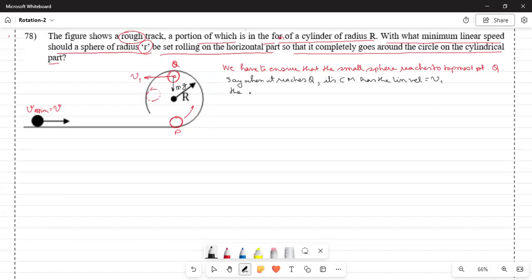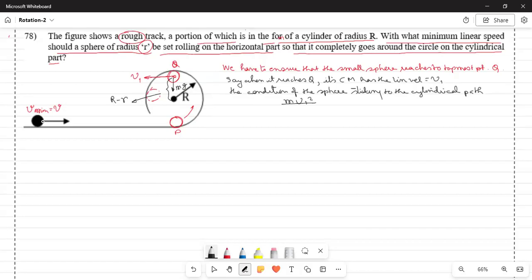The condition of the sphere sticking to the cylindrical path is m v1 square by the radius of the circular path. Now, the radius of this circular path here is equal to capital R minus small r.